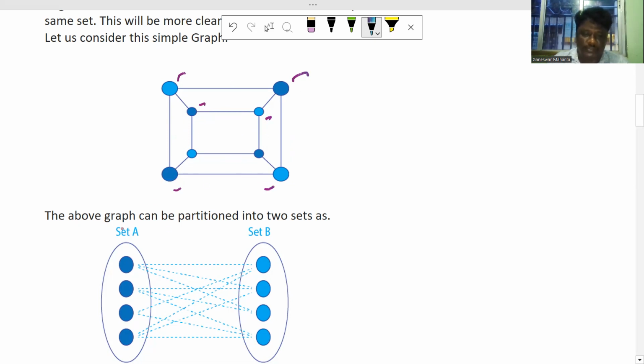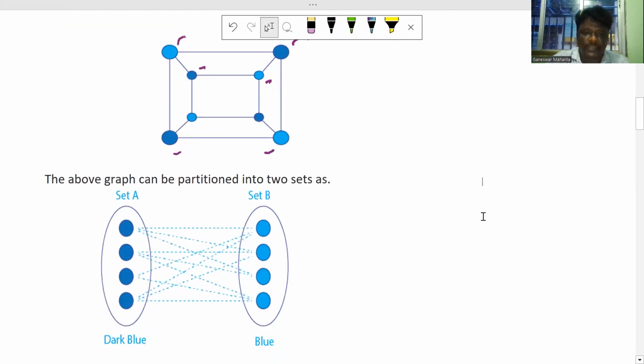We can divide it into set A and set B. Set A is considered the dark blue, and set B is considered the light blue.